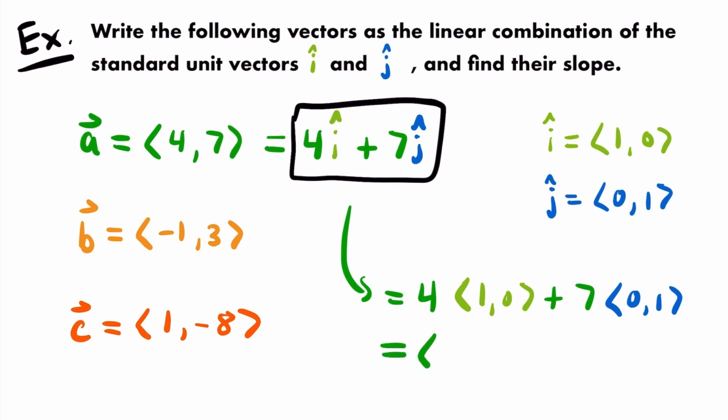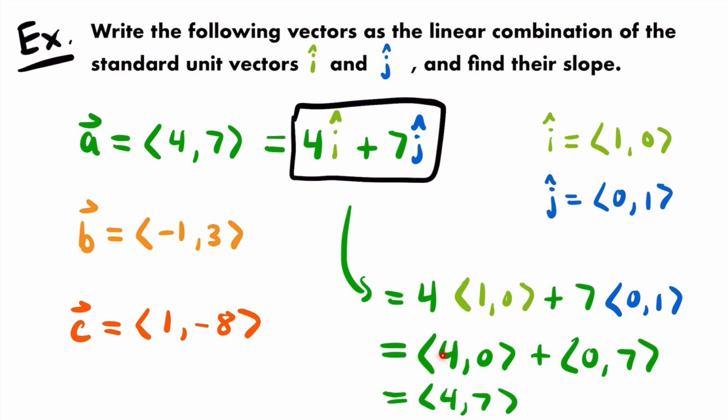We'll have that this is equal to 4, 0 plus 0, 7. 4 times 1 is 4, 4 times 0 is 0, 7 times 0 is 0, 7 times 1 is 7. And then if we add these two vectors together using vector addition, we add the x components and the y components, and we will get 4, 7. 4 plus 0 is 4, and 0 plus 7 is 7. And this is the same exact vector we have right here, which is vector A. So this is a valid way of rewriting vector A. It's the same exact thing, just written differently.